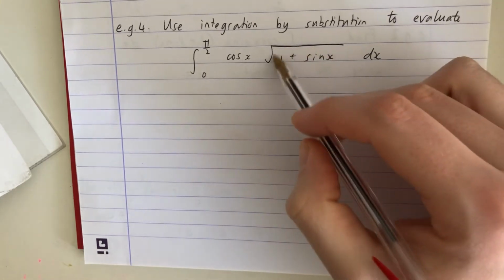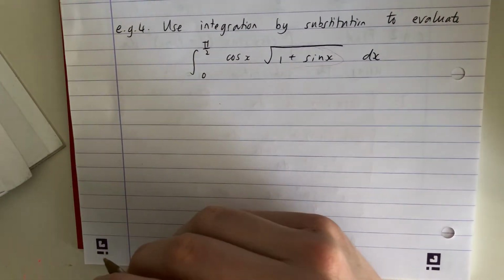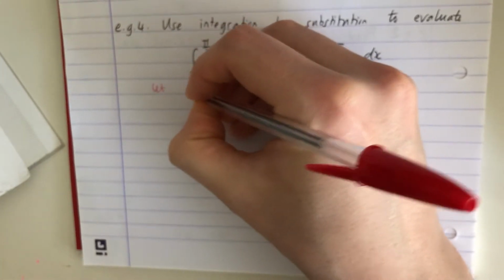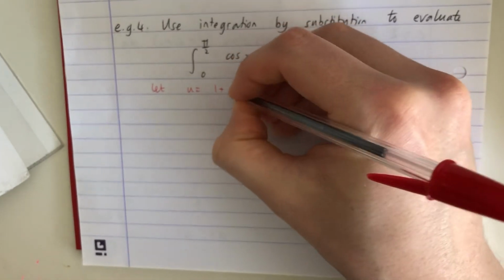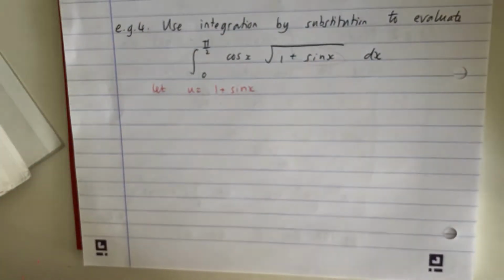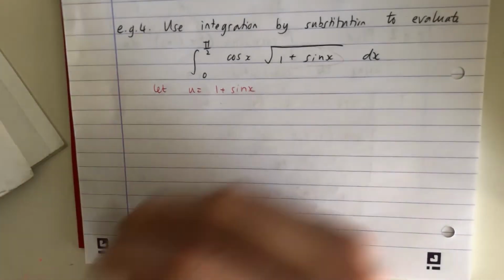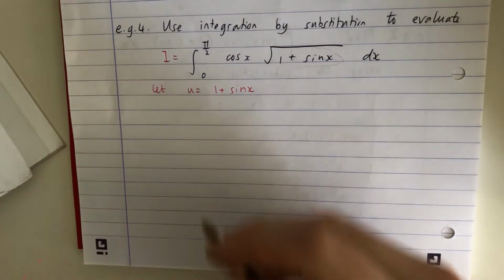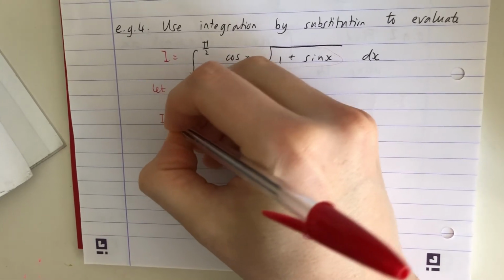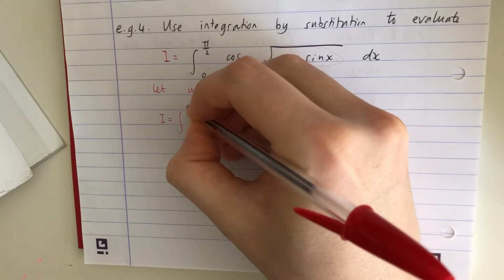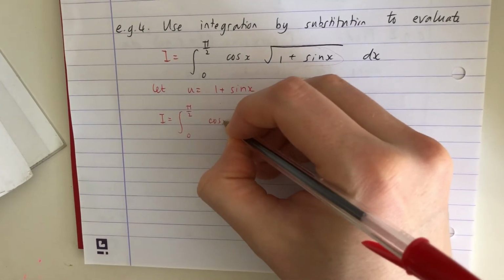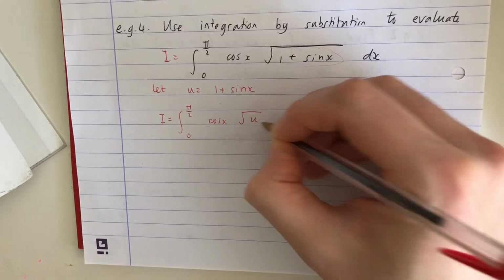So I'm just going to pick the thing inside the square root to be the letter u and see what happens. So let's let u equal 1 plus sine x. So in other words, if I call that I, we've got I is equal to the integral from 0 to pi by 2 of cos x square root of u dx.